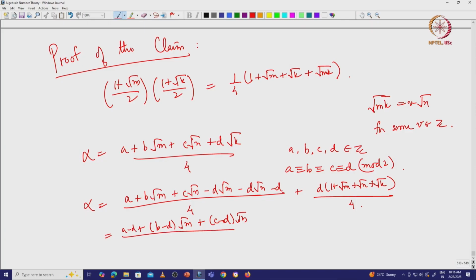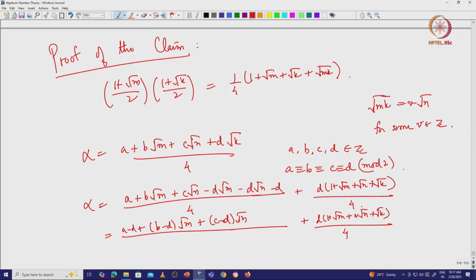Okay. But now here I want d times v square root of n, right. So, I am going to write here: I am just going to do d plus 1 plus square root of m plus v times square root of n plus square root of k by 4.